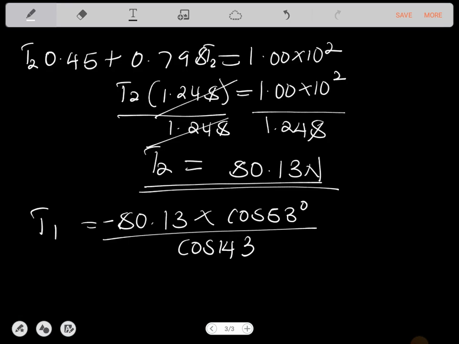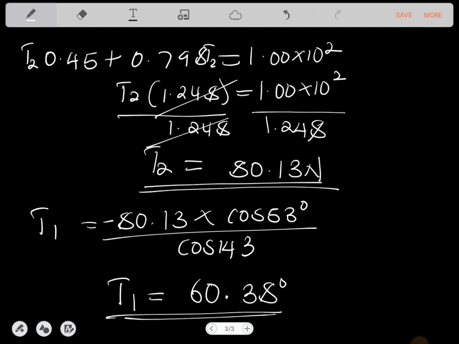So we have cos 53, then we divide by cos 143, which I know is negative, then you multiply by 80.13. So this one is giving me T1 is equal to 60.38.